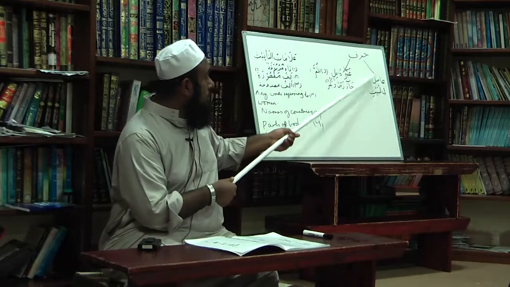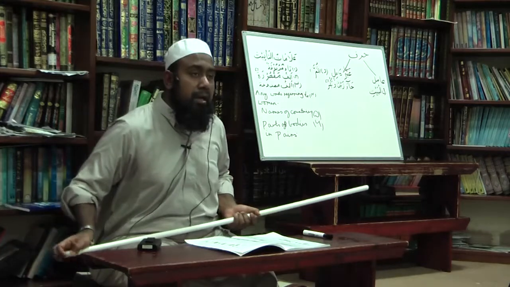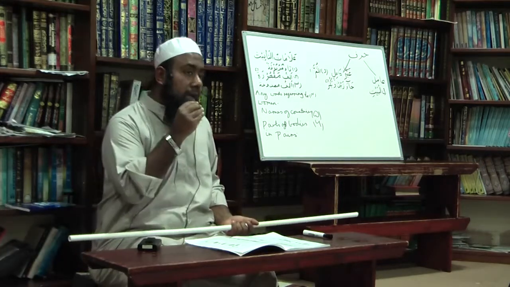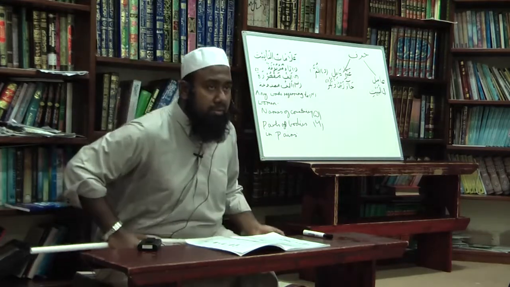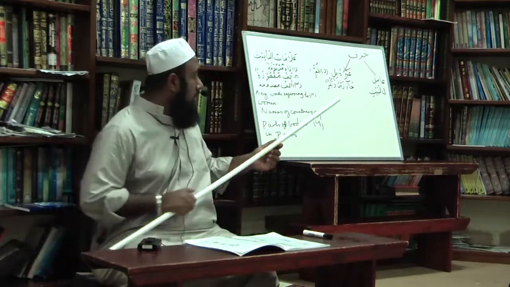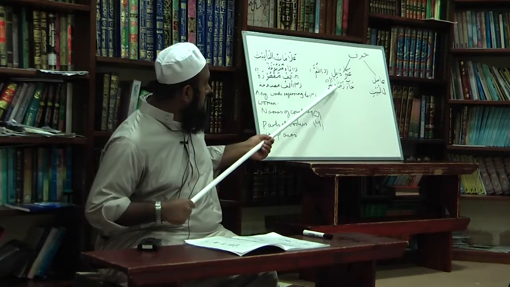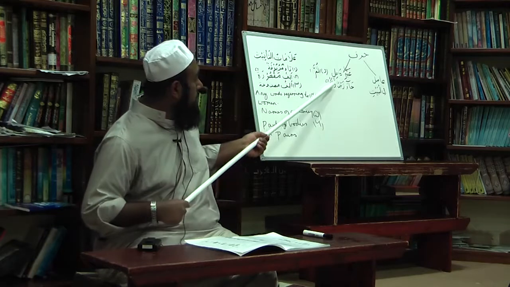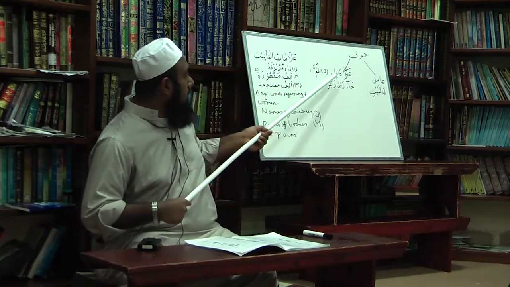So this fi is called amil, meaning it is a causer, a changer, it has an effect. It's an effective harf. And here we have waw between Zaydun and Bakrun. Ja'a Zaydun wa Bakrun. Zayd and Bakr have come.